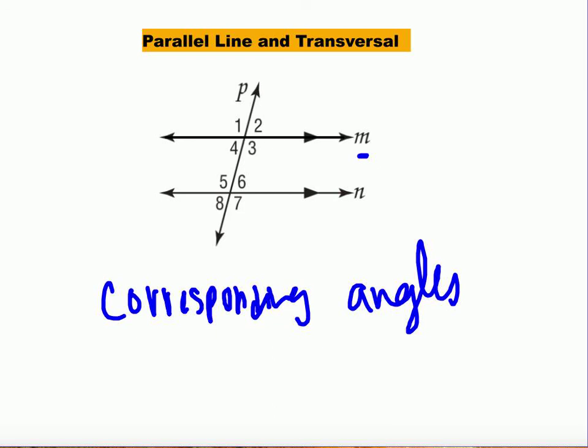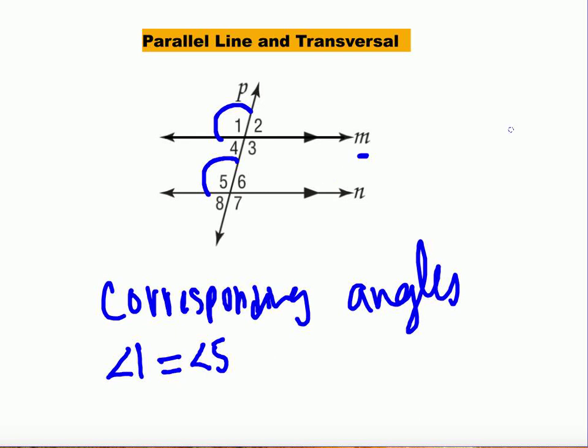So it will take this angle 1 and bring it down and match it with angle 5, right? So we can say that angle 1 is congruent, or equal, to angle 5. Why? Because that's a pair of corresponding angles.